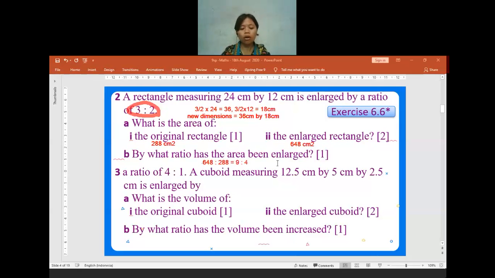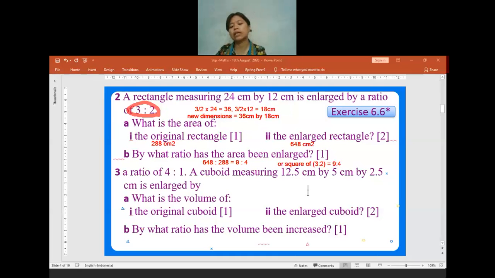Or remember that when it is about the area, you can just square the initial ratio. So the square of 3 to 2 equals 9 to 4. This is the thing that we already learned last Wednesday, I guess, at question 10 of your exercise, exercise 6.7 or 6.6.